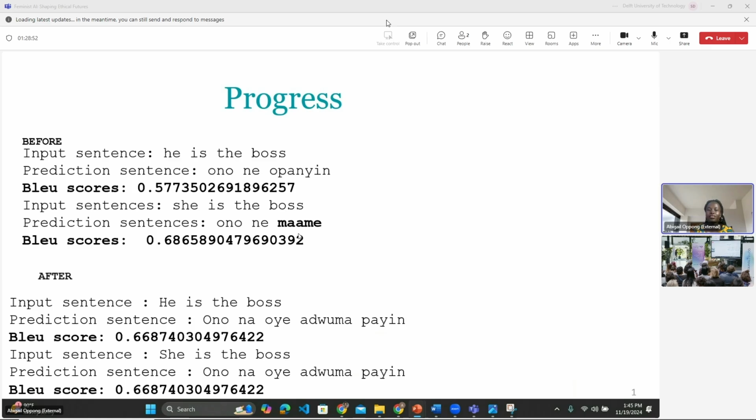So that means it is really taking her out of the context of being a boss and representing the female gender as being a mother. So at least after the balanced data sets, we were able to get the model to learn from it, and we also had the BLEU score. We use the BLEU score to measure it technically. So at least we had something promising after going through this participatory data design approach.